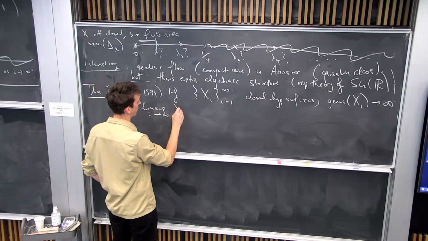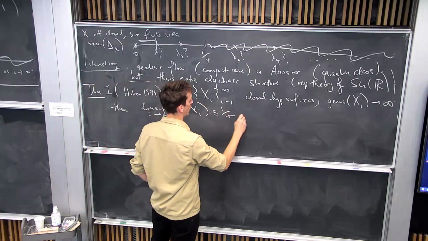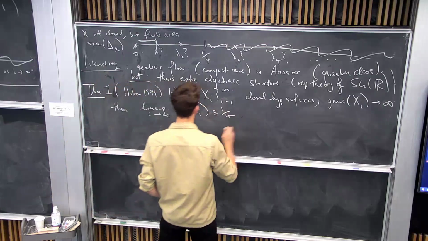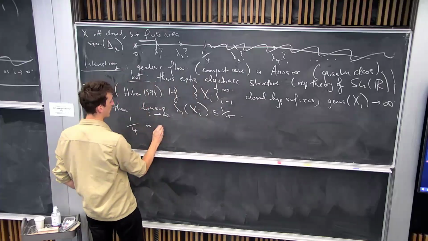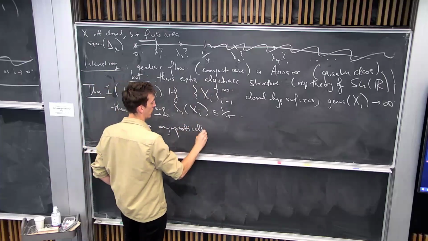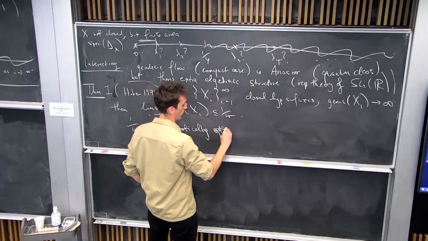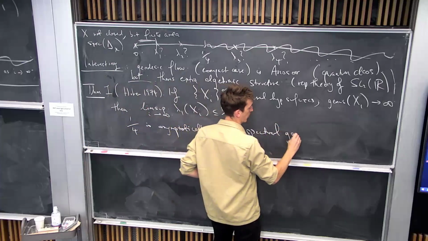Then the limsup of lambda 1 of X_i is at most 1/4. So 1/4 is the asymptotically optimal spectral gap, where the genus tends to infinity.